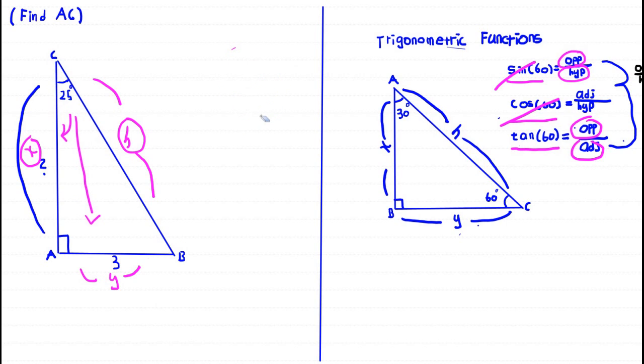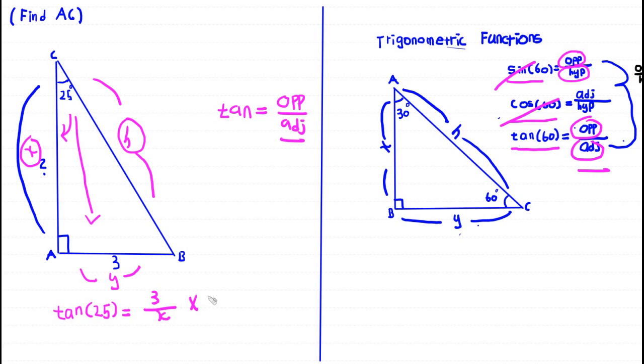So if you were to make an equation for this, we can make it like this. Tangent of 25 is equal to opposite over adjacent. Tangent is opposite over adjacent, as we can see here. And the opposite side is 3, over the adjacent side, which is x.